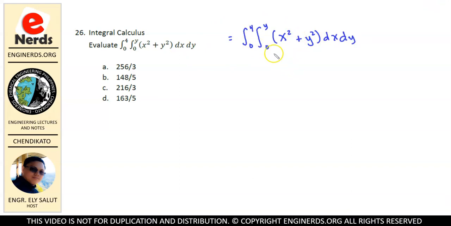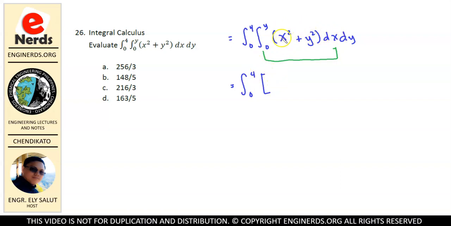Okay? So solvein muna natin yung ating first integral, no? Which will be this one. So we will have the integral from 0 to 4. Okay? The integral of x squared plus y squared with respect to dx.